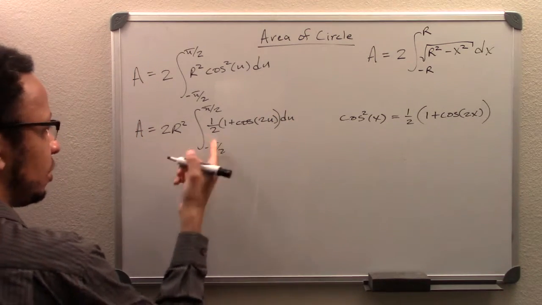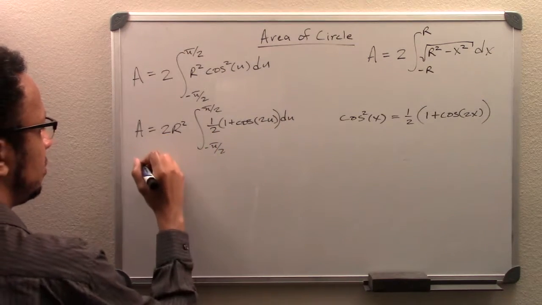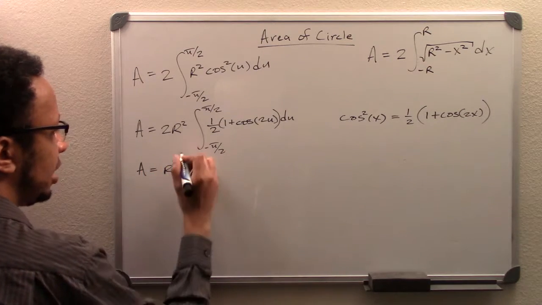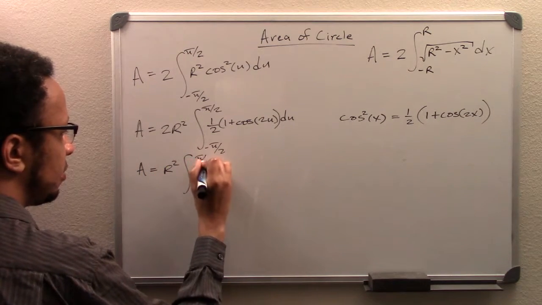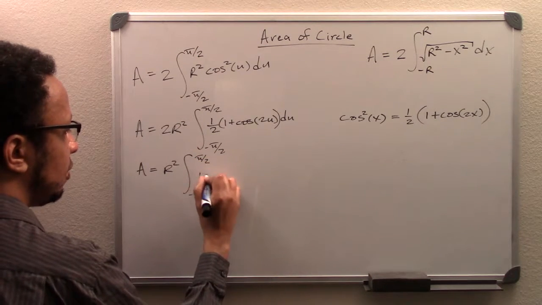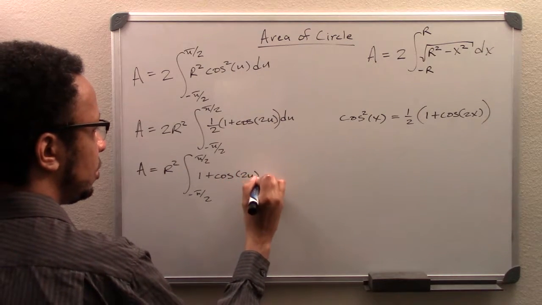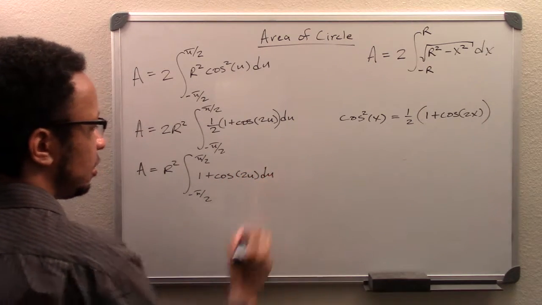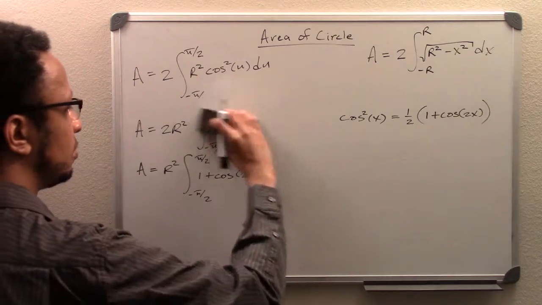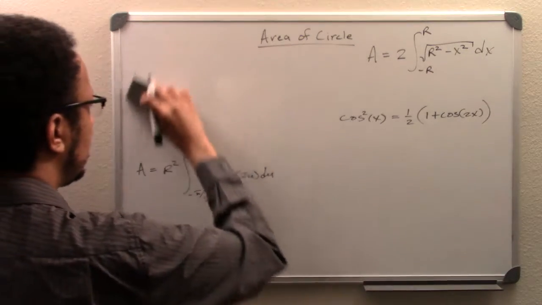So next, we're going to bring this half out in front. 2 over 2 is 1, so now we have just plain old r squared times 1 plus cosine 2u du. Well, we're getting closer here.